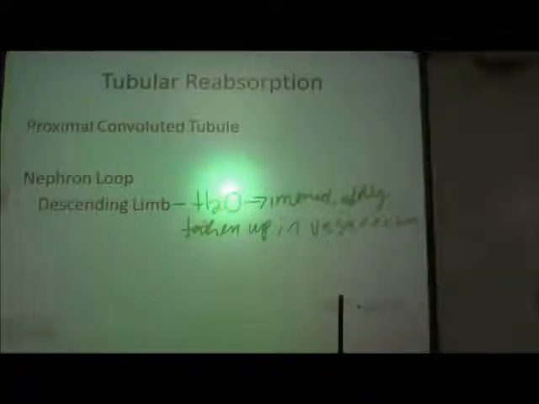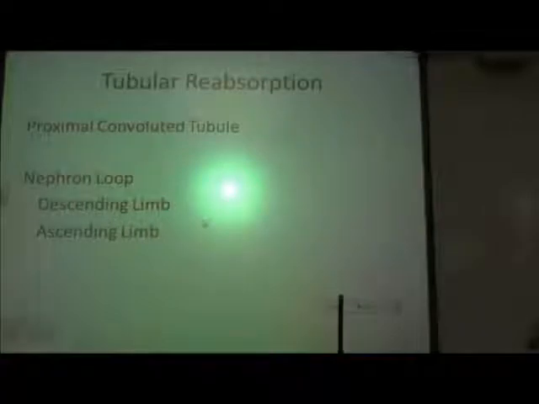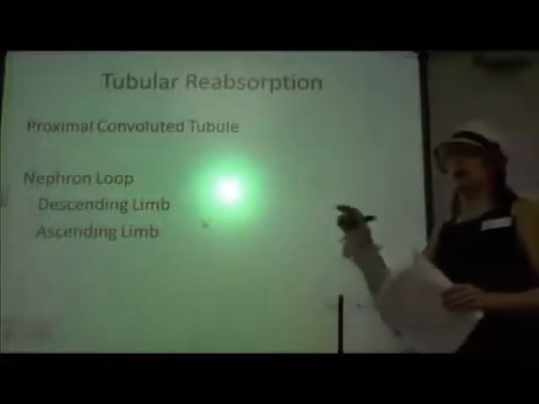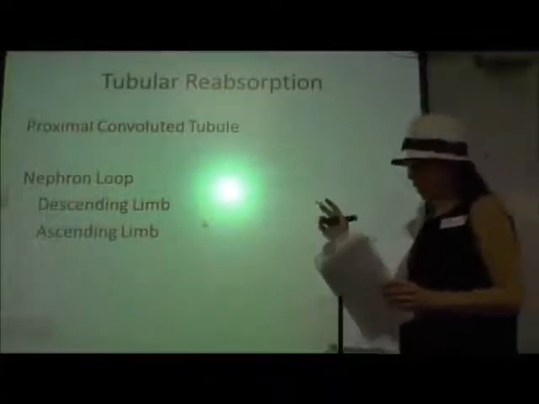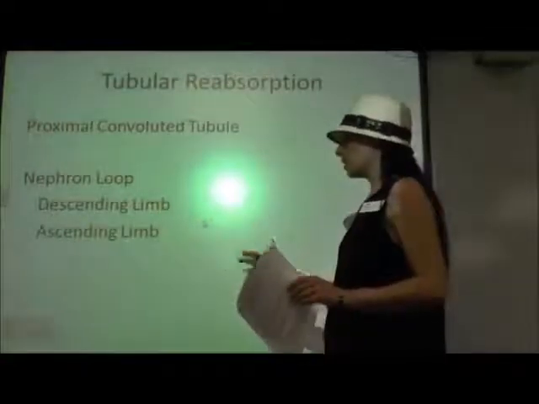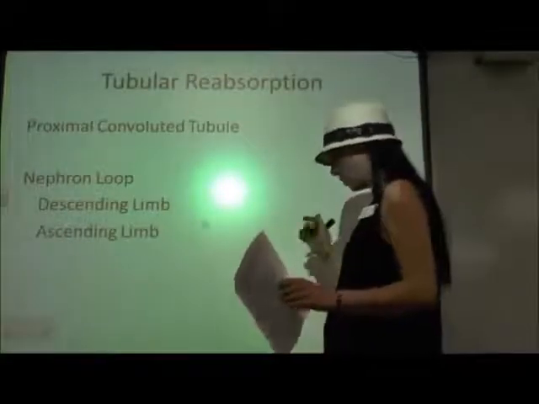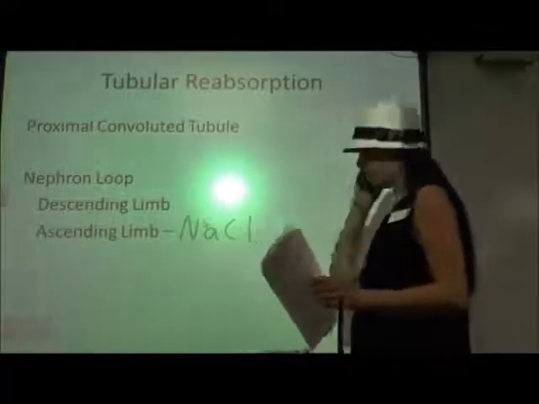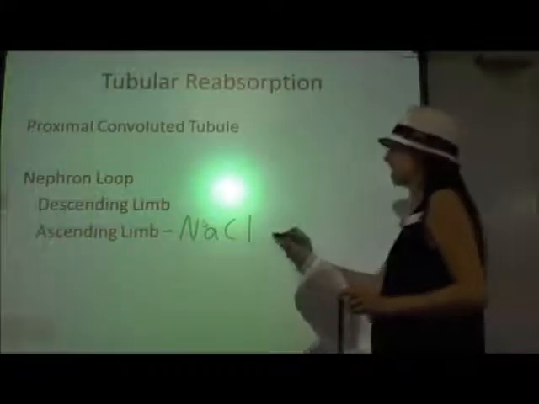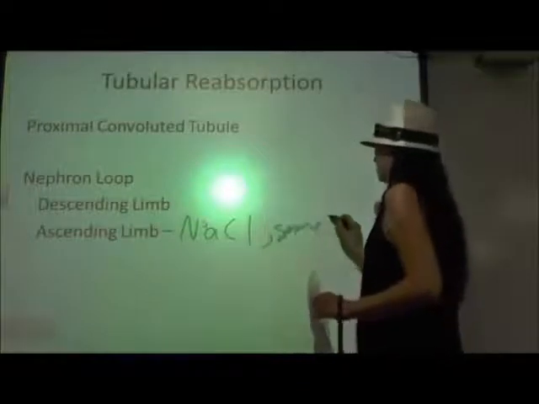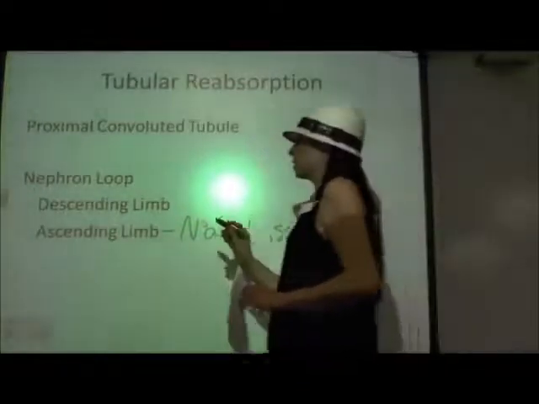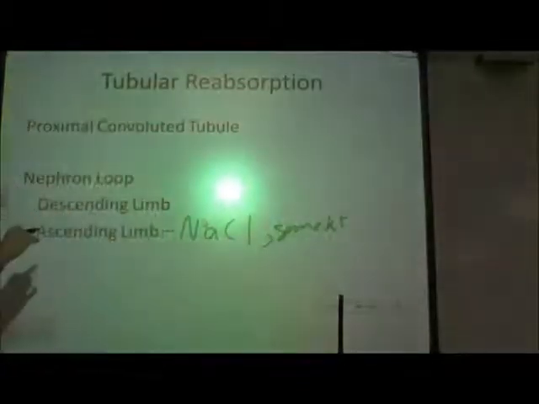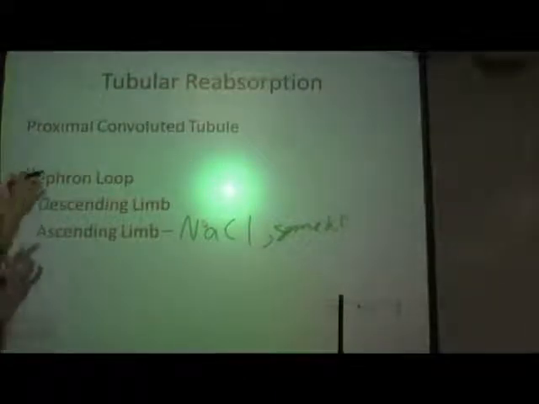When we round the hairpin turn and start up our ascending limb, this is impermeable to water. So water gets stuck, but now we're going to reabsorb salts. So primarily sodium chloride, but you can also do some potassium reabsorption here. And this is going to be active transport out of the ascending limb and into the interstitial fluid.